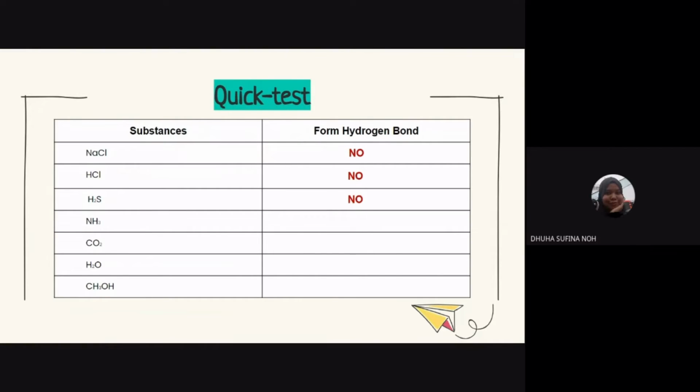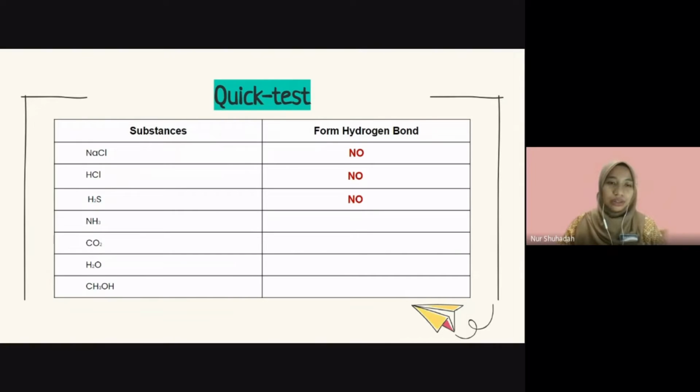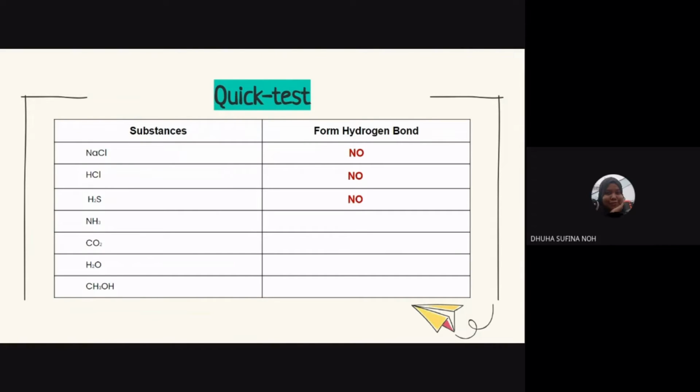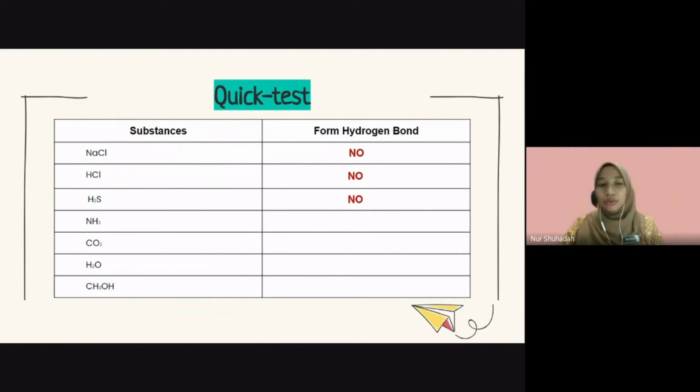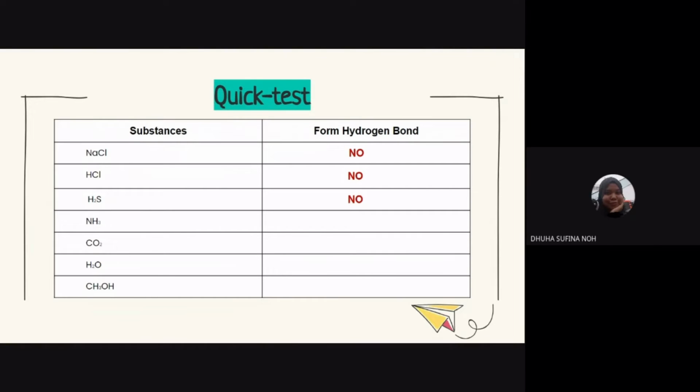Yes, teacher. Okay, Duha Sufina, can you see ammonia here? Is there any formation of hydrogen bond in ammonia? Yes, because for the first requirement, it needs to have hydrogen atom in the molecule, and it has the hydrogen atom, and the hydrogen atom needs to bond with FON, and in this molecule, it bonds with N, so it can form hydrogen bond.